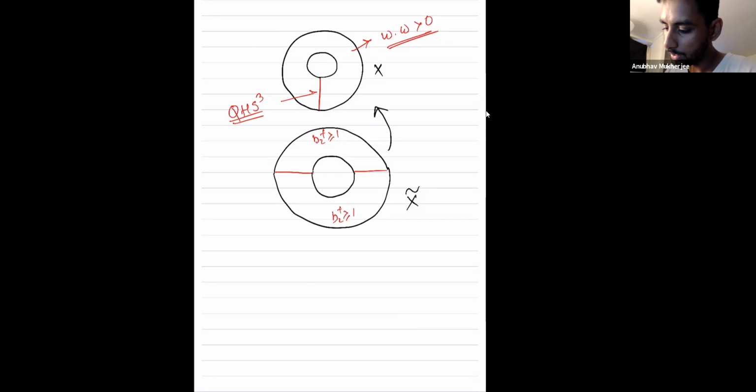Now I can tunnel these two boundaries, away from the generator of such homology. Let me draw it this way.